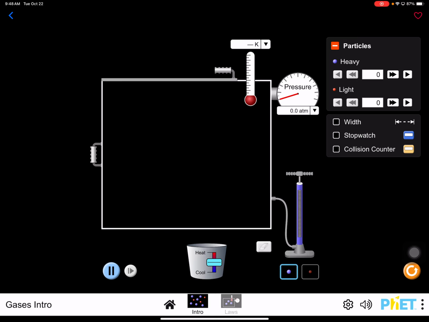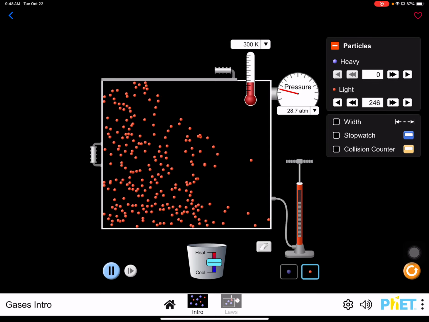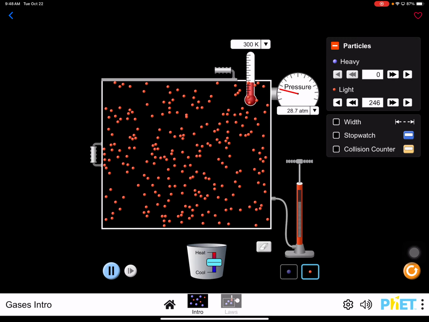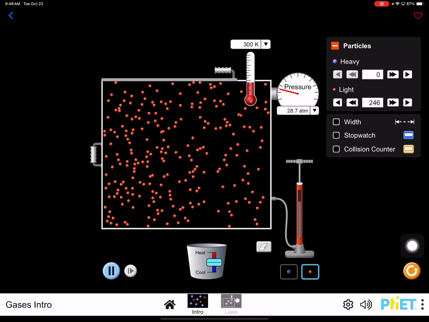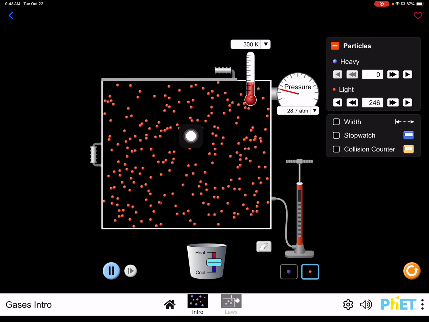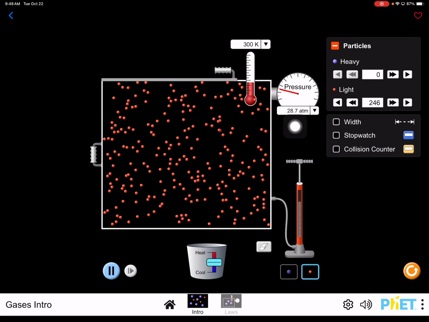Okay. So here's another way to look at pressure. Here's a microscopic view of pressure. So there's this gas in this container, and the pressure is 30 atmospheres. That's a very large pressure.